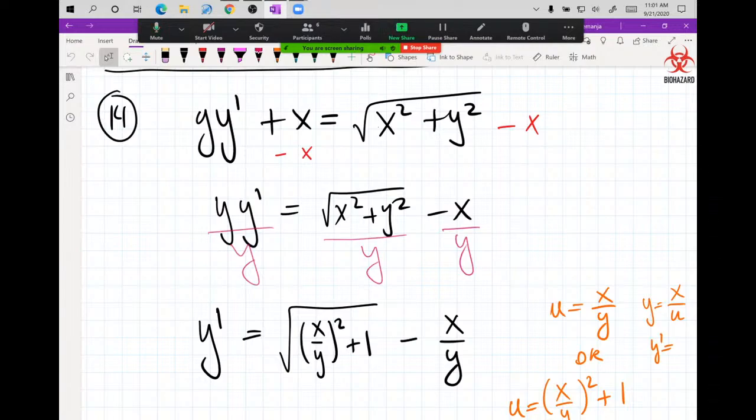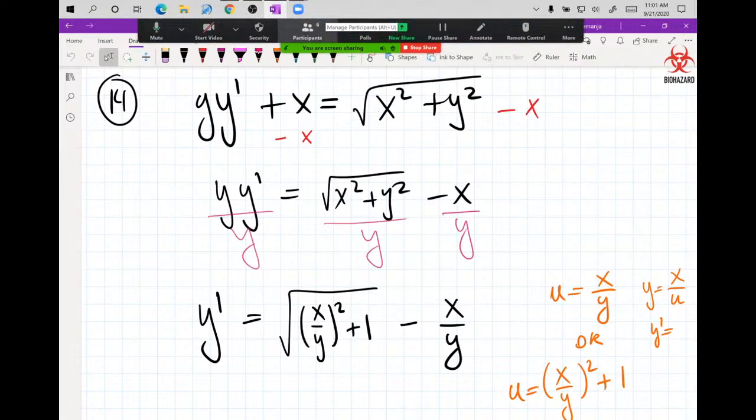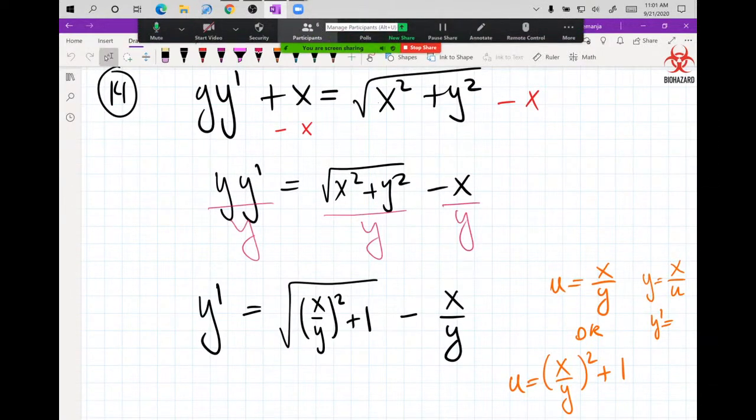I'm going to start working on this problem. We have the differential equation y prime plus x equals the square root over here. We learned last class that our differential equations need to be y prime equals everything else if we are to have some hope of solving it using the substitution method.